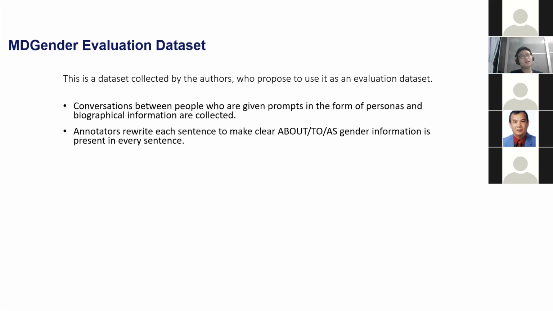So once these conversations are collected, annotators will rewrite each sentence to make clear that about, to, or as gender information is present in every sentence. So basically now you have a set of labeled sentences which have ground truth labels, saying whether they are about a man or woman, to a man or woman, or as a man or woman.